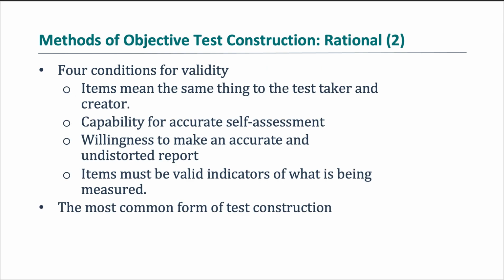So there are 4 different types of validity when we're looking at this, because when we're constructing these, we need to meet all 4 conditions of validity in order for it to be rational. The first one is that the items mean the same to the test taker and the creator. We want a question where there's no question exactly what we're asking.